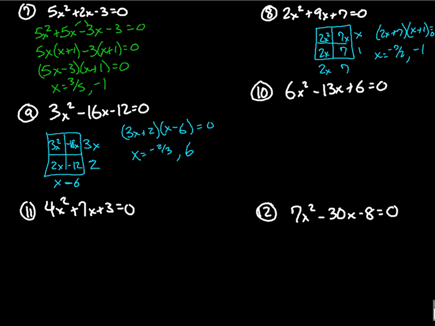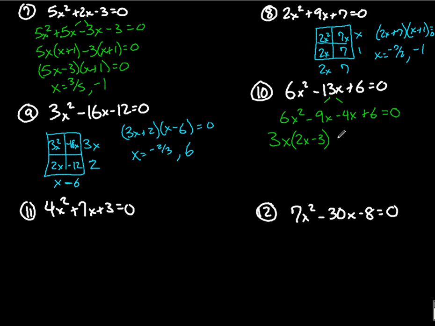Alright, let's go back to the old school method for number 10. I'd have 6x squared, and factors of 36 that add to give you 13 would be 9 and 4. They're both going to be negative. Plus 6 equals 0. So, pull out a 3x from this first term. I'm left with 2x minus 3.